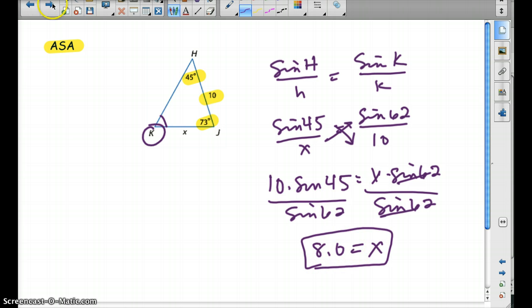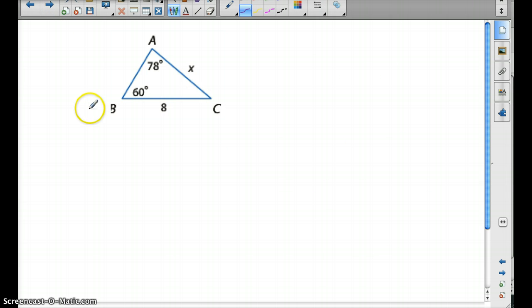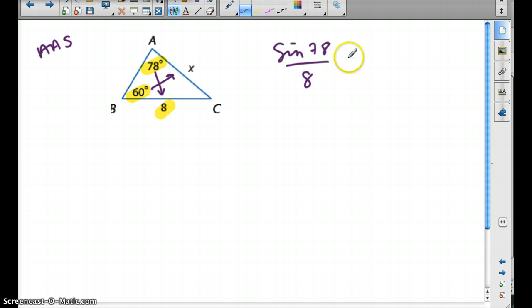Okay, the next example, I want you to figure out, first of all, why can we use the law of sines here? What do we have? We have angle, angle, side. So that's how we know we can use the law of sines. So we're going to look in opposite here, the sine of 78 over 8 is equal to the sine of 60 over x.